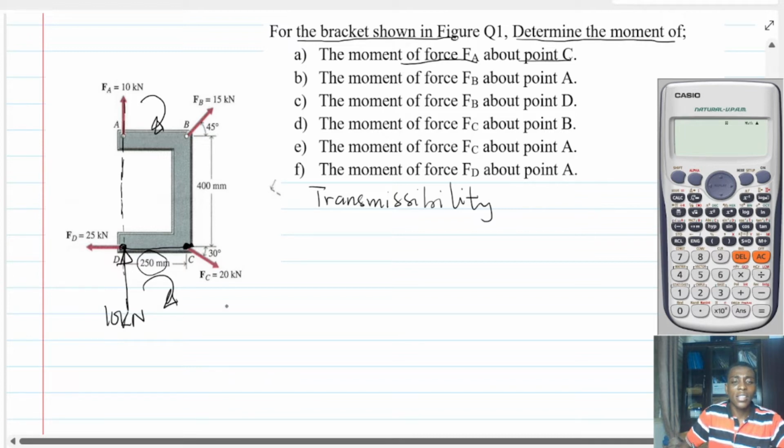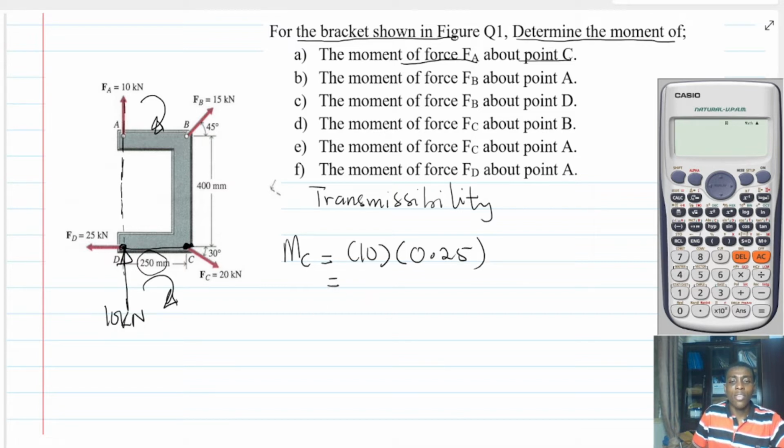If that is the case, then the moment about point C is 10 multiplied by the moment arm, which is 250 millimeters, and that is 0.25 meters. Therefore, the final answer is 10 multiplied by 0.25, and that is 2.5.